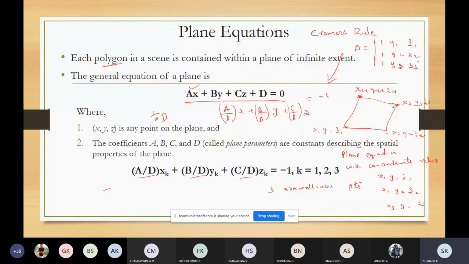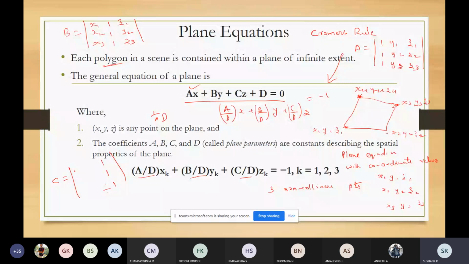The determinant for B will have x1, x2, x3, the y coordinates will be 1, 1, 1, and the z coordinates will be z1, z2, z3. For C, the z column will be the unit value 1, 1, 1, and the rest will be x1, x2, x3, y1, y2, y3.